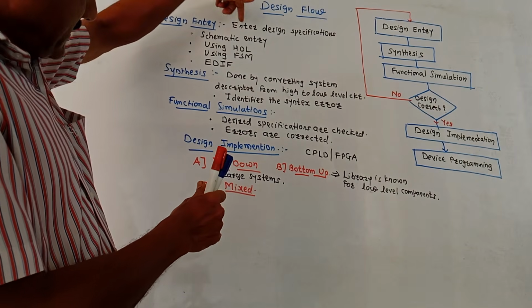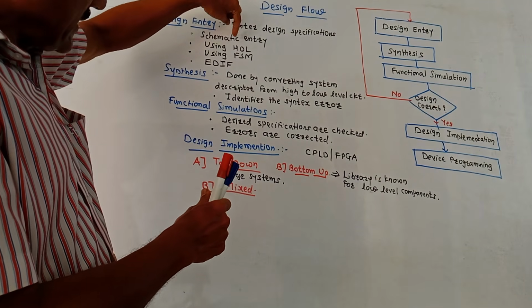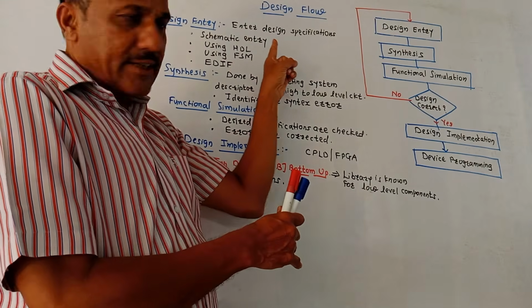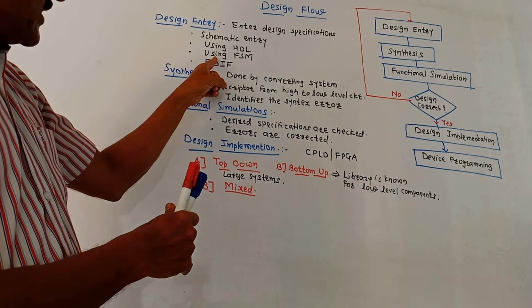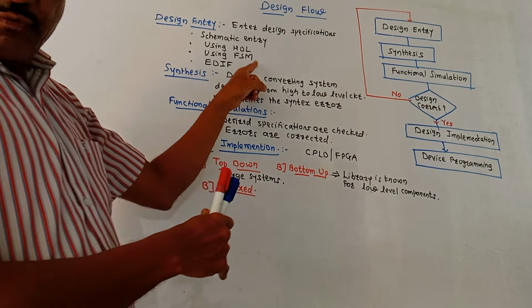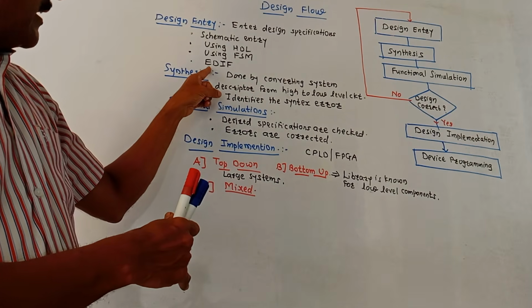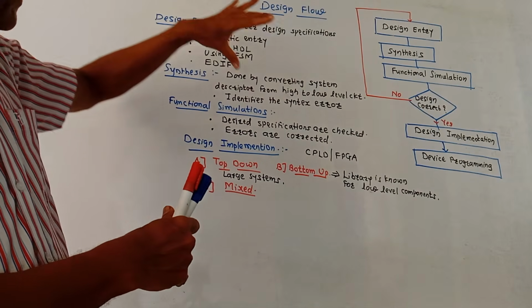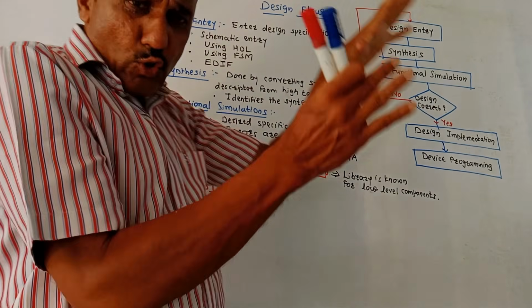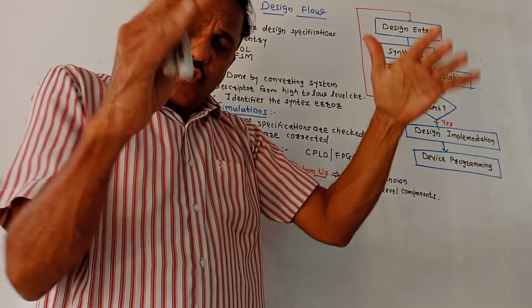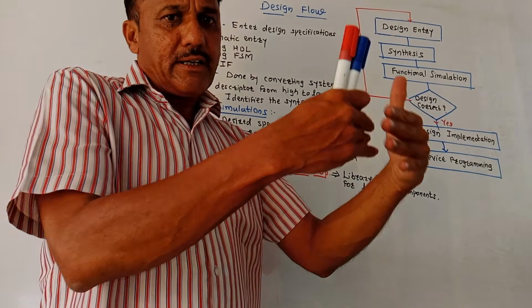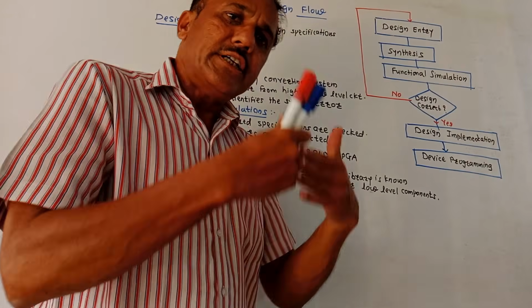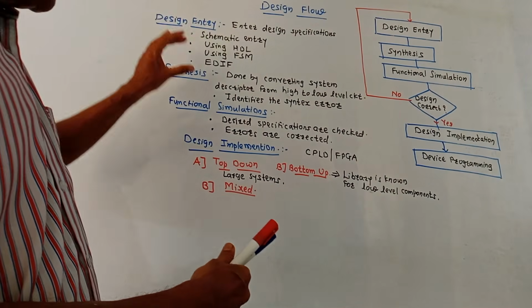One is schematic entry, then another is using HDL, that is hardware descriptive languages. Then next is using FSM, that is finite state machines, and next is EDIF, that is electronic data interchange format, and so on. So by making use of such methods, you can use any one of the methods. We have to enter the design specifications.